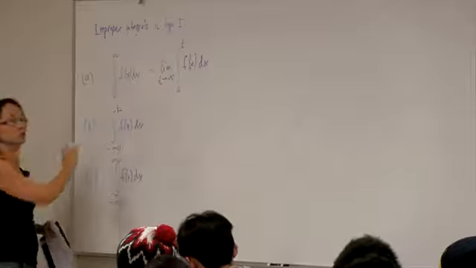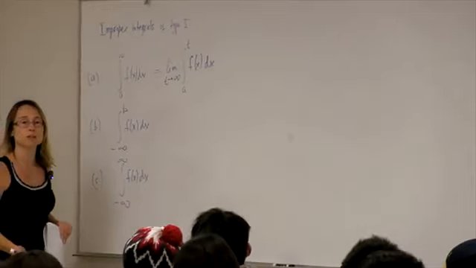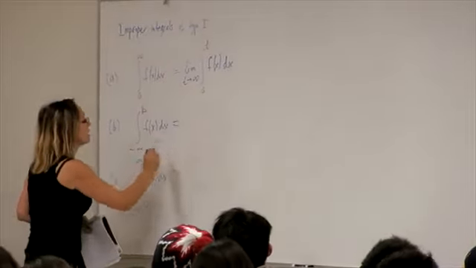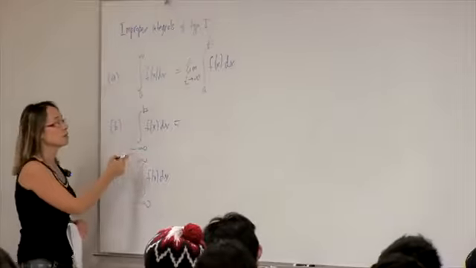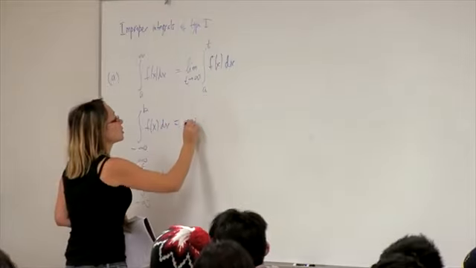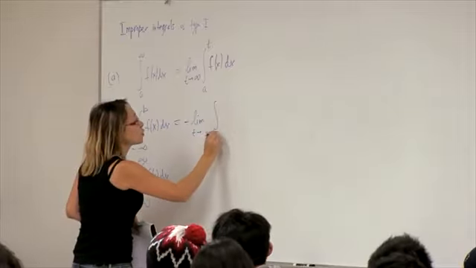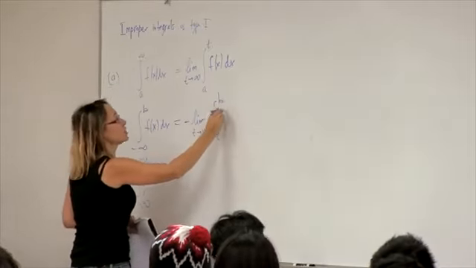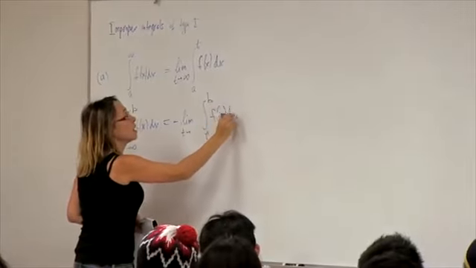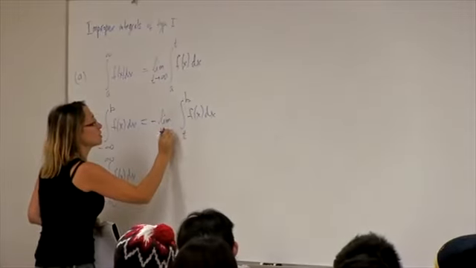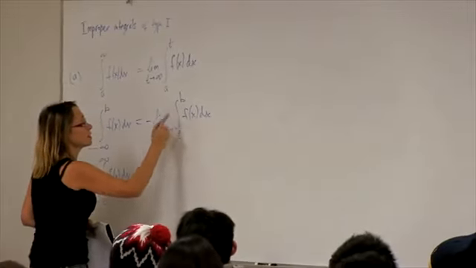So this is a definition of the symbol in the procedure I already described to you. Here we replace the lower limit with a constant. So it's the limit, as t goes to minus infinity, of the integral from t to b.